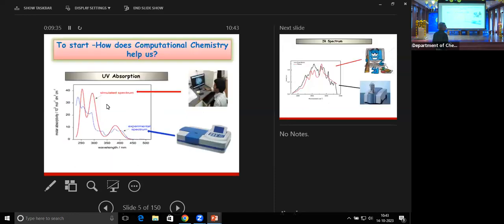Okay. Let us start with some things which we can do with it. Wonderful things. You look at the UV absorption spectrum. Many of you must have seen UV absorption spectrophotometry. You would have been carrying it out in the lab. Trying to do this with a simple laptop or your Gaussian for, let us say, some organic molecule and simulate it, you are getting almost similar.